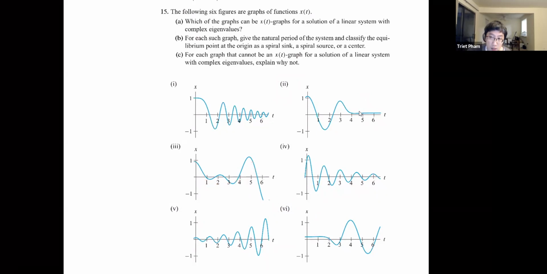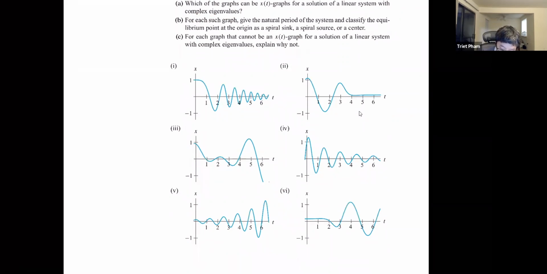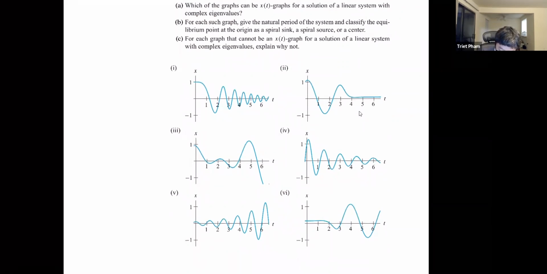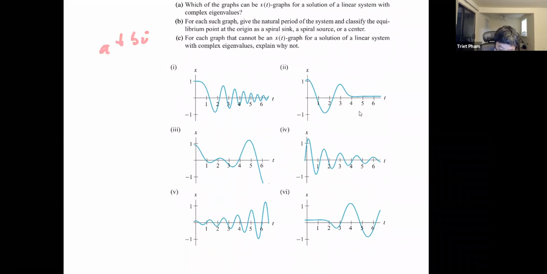So actually, there is a thing about the complex system that we're looking at. It's not general in real life, but for this one, notice it's always A plus Bi. And so the cosine and sine will be cosine Bt, sine Bt, that kind of thing. In other words, the complex system we're looking at will always have the same period going forward in the future.